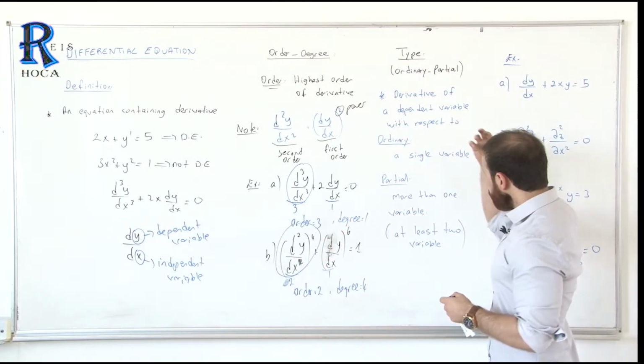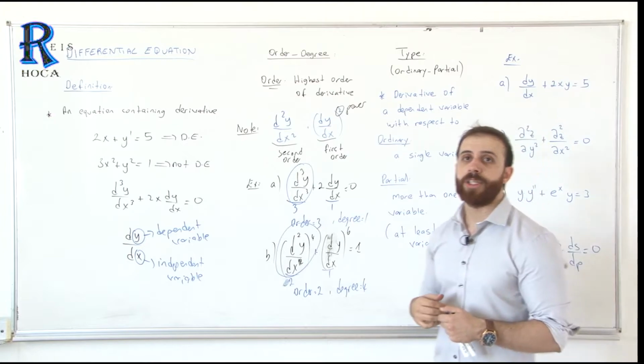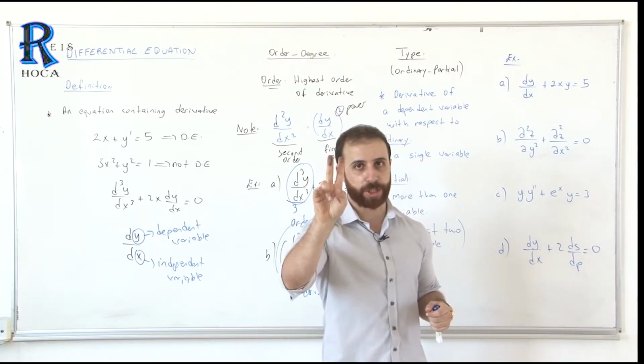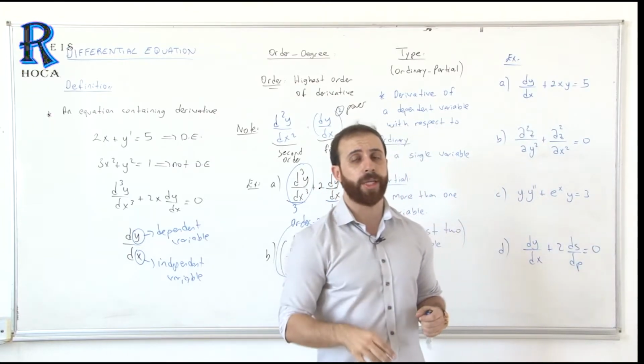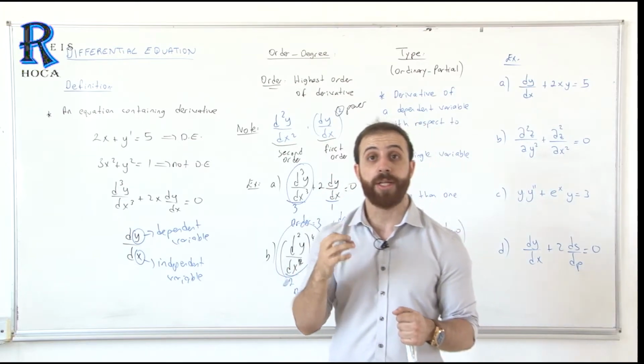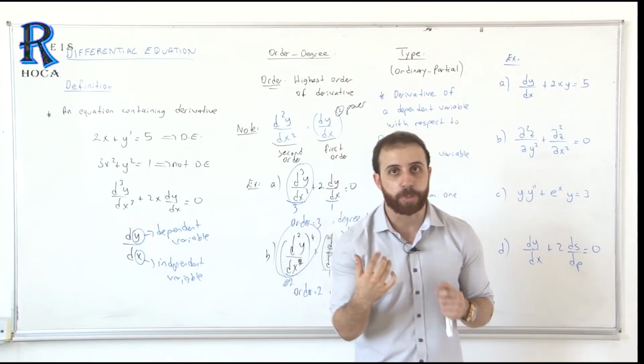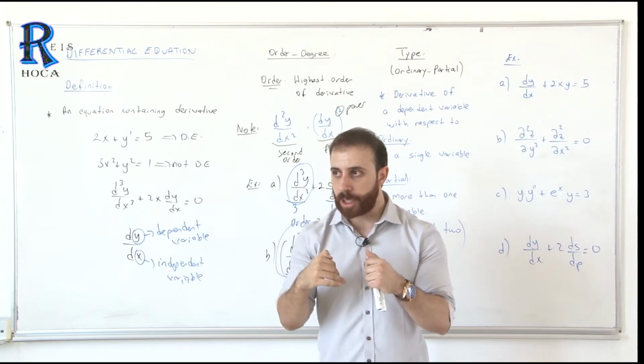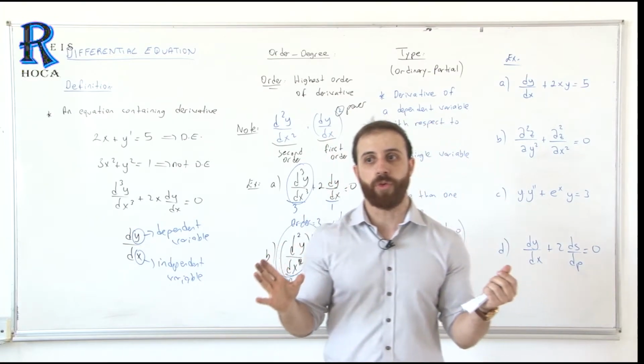And the other thing: types of differential equation. We have two types of differential equation. The first one is ordinary, and the second one is partial derivative. What's the difference between them? In a differential equation we have derivatives, of course.